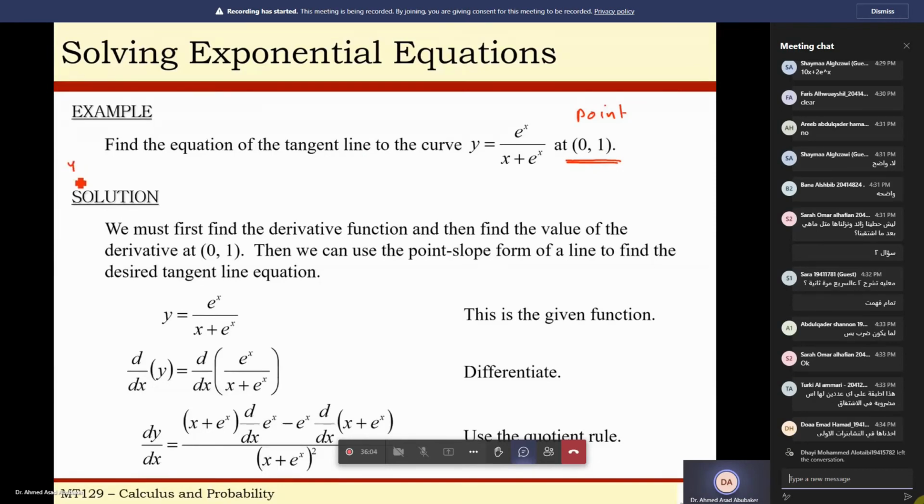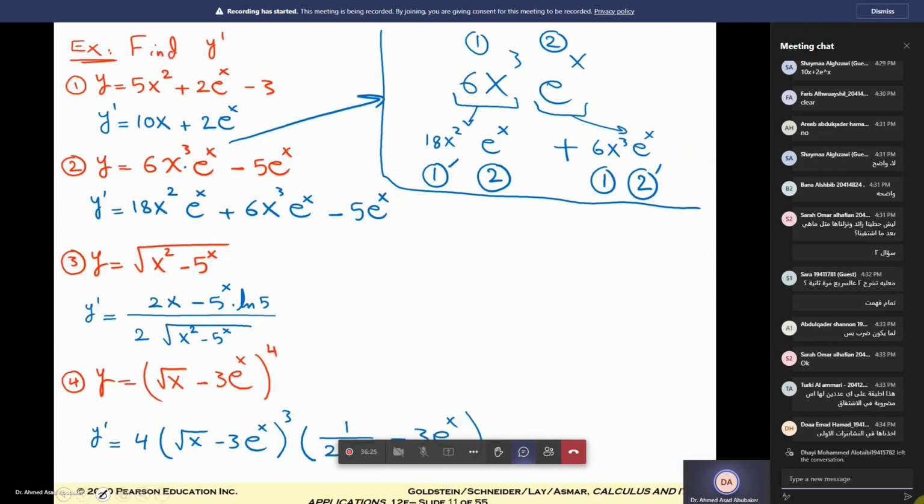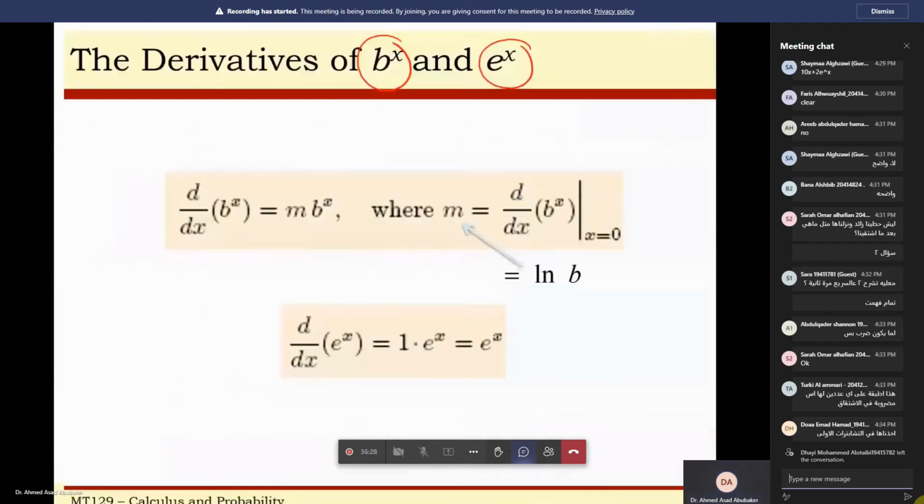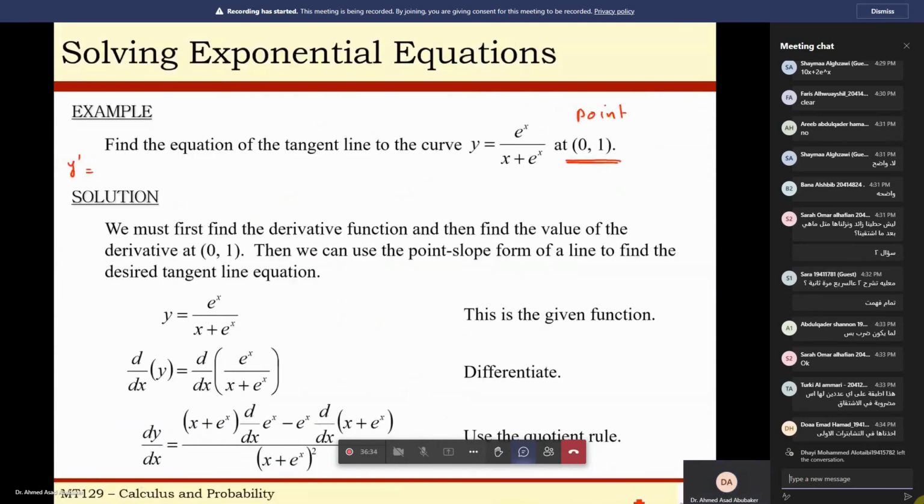So the y prime equals, this is a fraction, so we apply what? The quotient rule, because we have a numerator and denominator. Okay, the quotient rule equals, sorry, the quotient rule equals, we have a fraction, the denominator is square of x plus e to the power x.